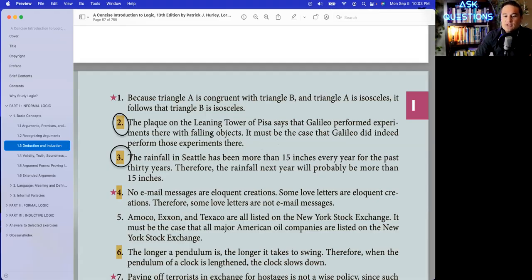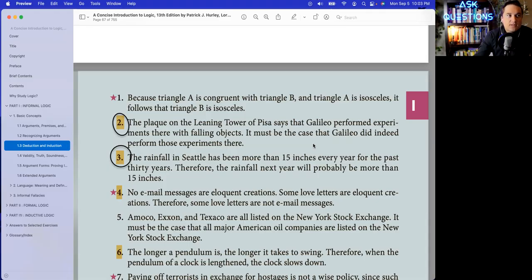Well, think about it. Just because a plaque on some historic tower says something about Galileo, does that logically guarantee that Galileo actually did what the plaque said? No. Maybe someone as a prank made a plaque that looked kind of official and formal, and what they wrote on it wasn't true at all.